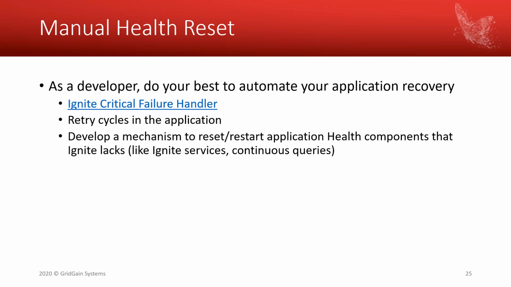That handler can already monitor lots of abnormal scenarios, and you can specify a policy for what to do. Depending on the policy, you can recover automatically. If not, if this is your application-specific code, then consider doing retry cycles in the application, as I said before.